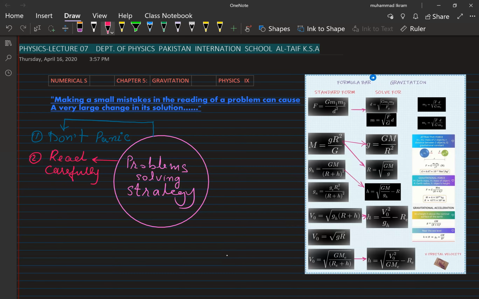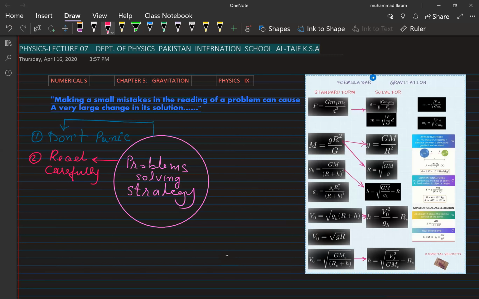As I wrote in the start, making a small mistake in the reading of a problem can cause a very large mistake in its solution. So if you make a small mistake in the reading of any particular problem, then you will definitely make a very large mistake in its solution.